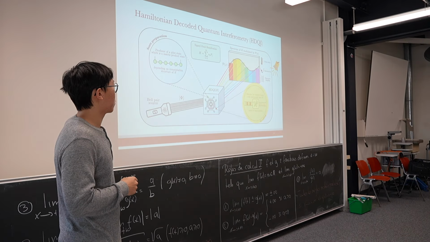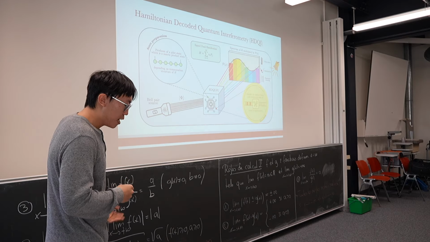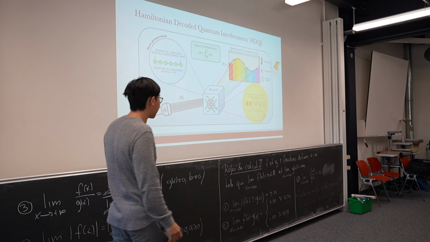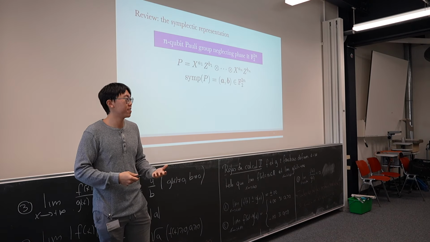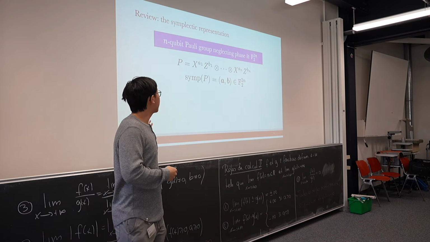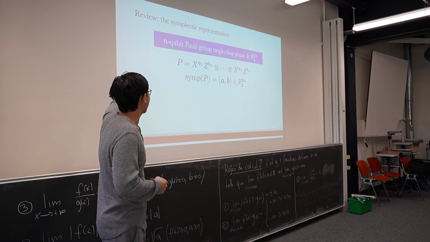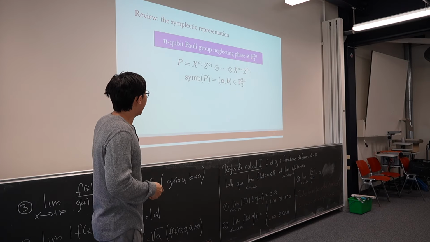In particular, let's talk about the decoder. In order to proceed, I have to now tell you exactly what this classical code that depends on the Hamiltonian is. And to do that, I'm going to give you a quick crash course on the symplectic representation. This is a very simple idea.